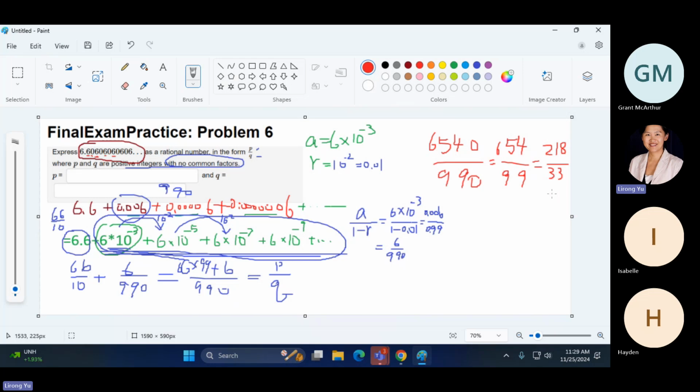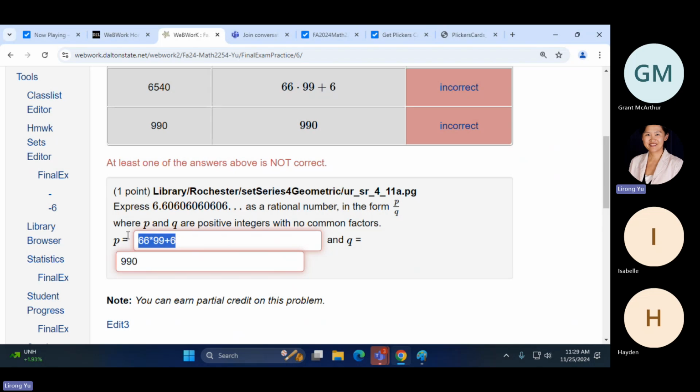Right now there's no more common factor. The 33 has 3 and 11. The 218 has 2, and definitely does not have 11 or 3, so they have nothing in common. So the numerator should be 218. Denominator should be 33.